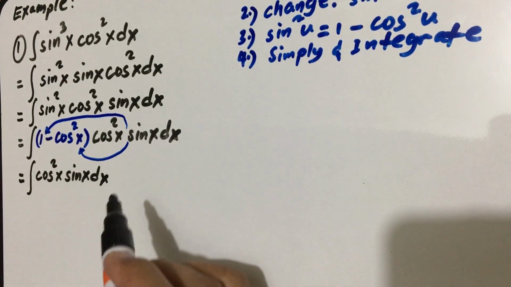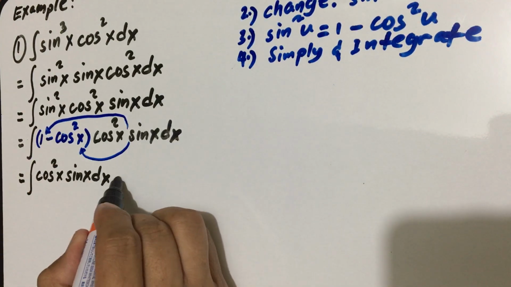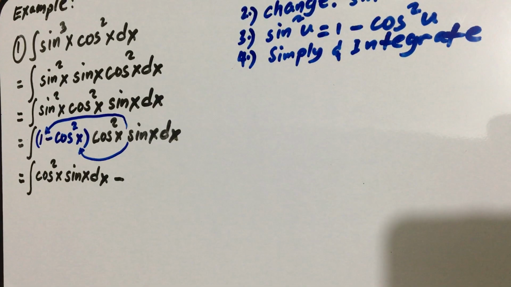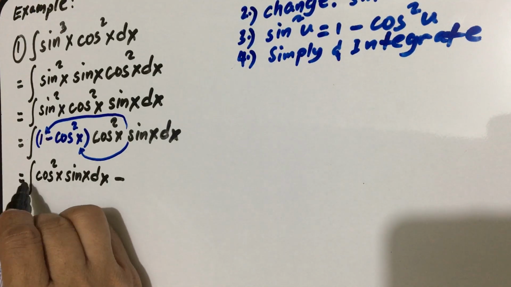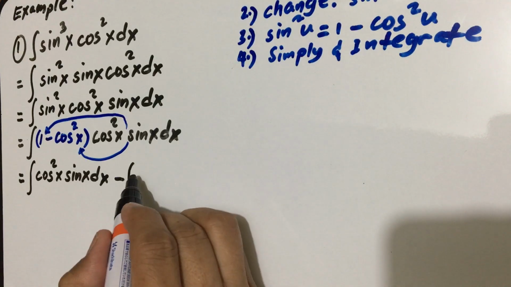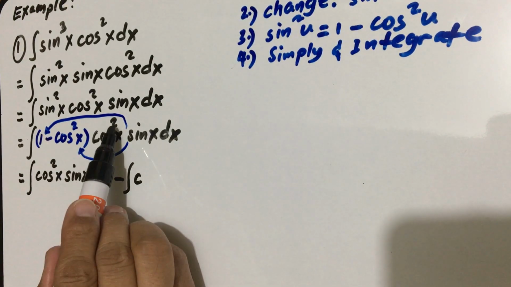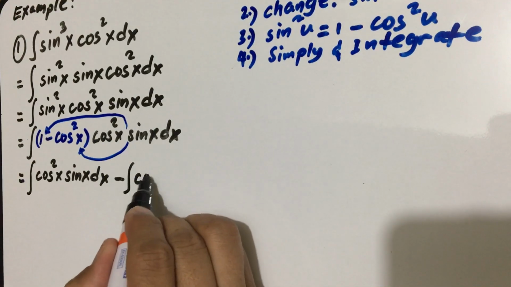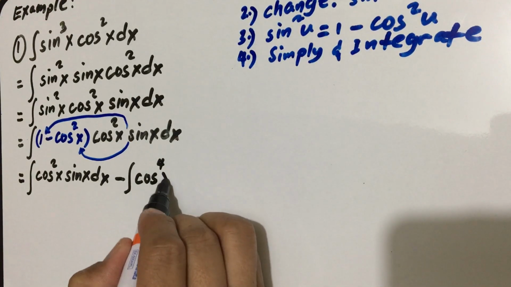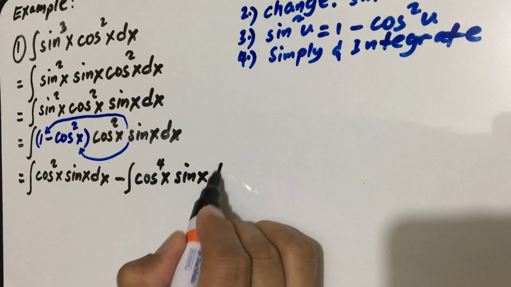Then we multiply this and this one, so this is minus. Then we also distribute this integral sign. So we have cosine squared x times cosine squared x is equal to cosine to the 4th x, then times sine x dx.